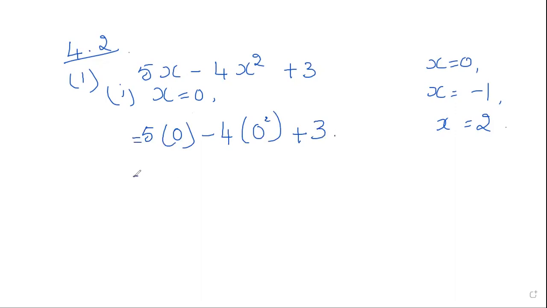That is equal to 5 into 0. Any number multiplied by 0 is 0. Minus 4 into 0. That is 0 plus 3. What is the value of the equation? That is 3. Okay, when you substitute the value 0, then we got the answer 3. Okay, children. So f of 0 is equal to 3.